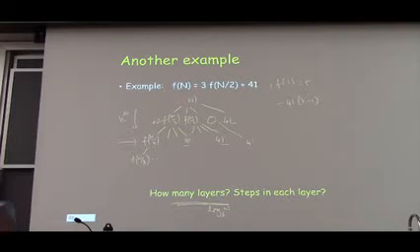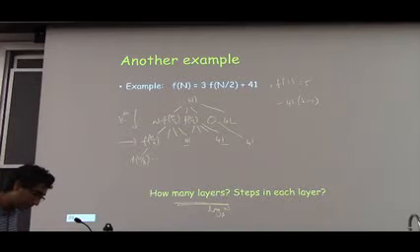So for each f you get one 41. That's the only way you get a 41. Now, to answer how many 41s are there in one layer, you've got to answer how many f's are there in the previous layer. And f's are easier to analyze, right?